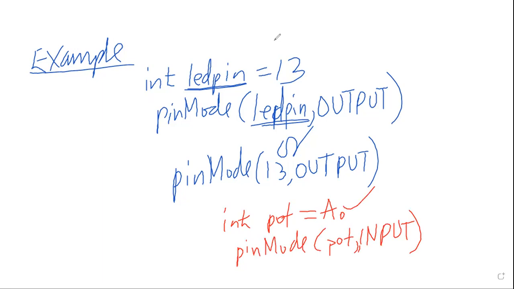So in that case, potentiometer is connected to analog pin A0, and we want to use it as an input pin. If I pick a digital input device, like the push button, then I can declare an integer variable, call it pushButton, and assign it to digital pin number 3.